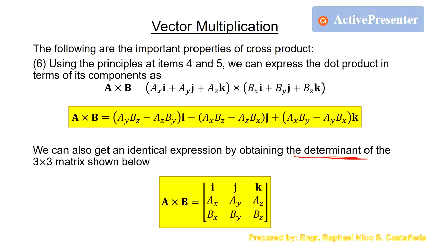How do we get the determinant? You can review your mathematics in calculating the determinants of a 3 by 3 matrix. We have so many methods to solve for that determinant.